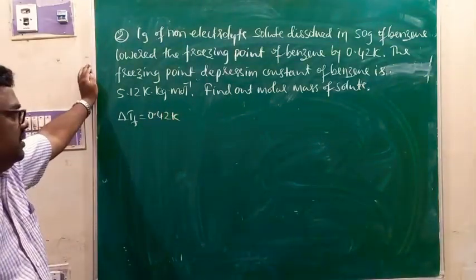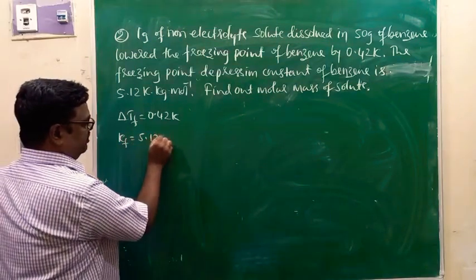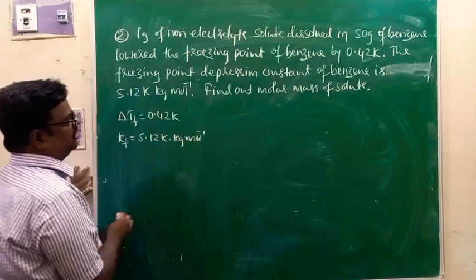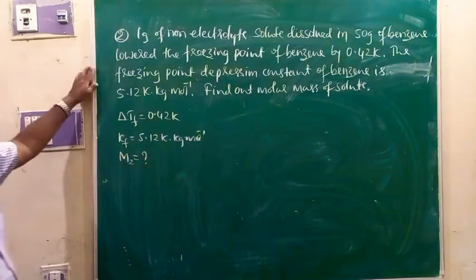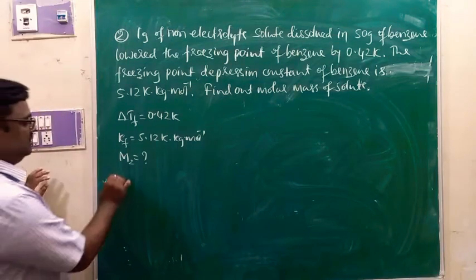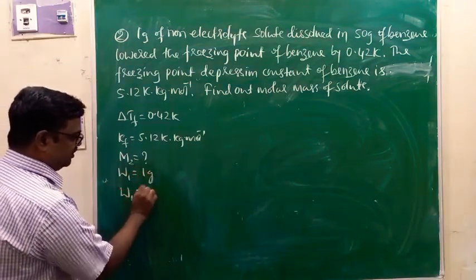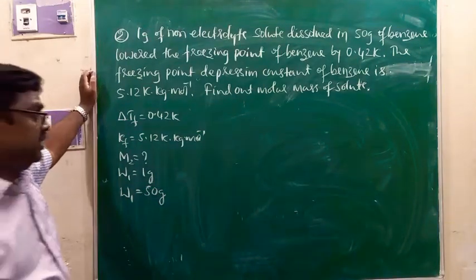The freezing point depression constant of benzene, Kf, is 5.12 kelvins kg per mole. You have to find out the molecular mass of solute. Mass of solute is 1 gram, mass of solvent is 50 grams. Smaller value is the solute, bigger value is the solvent.